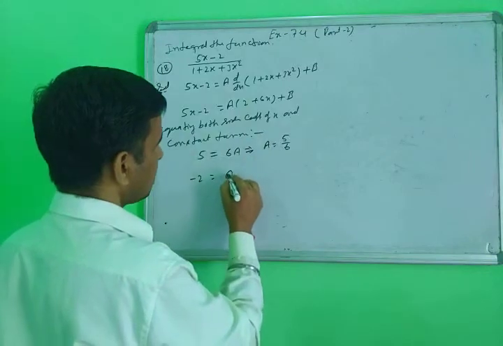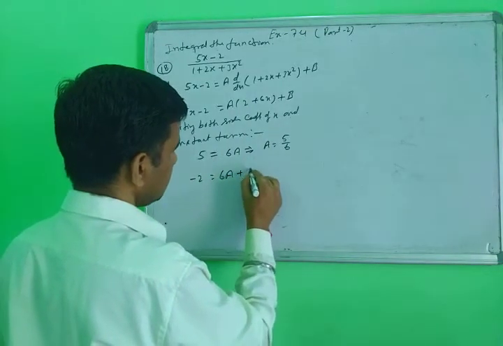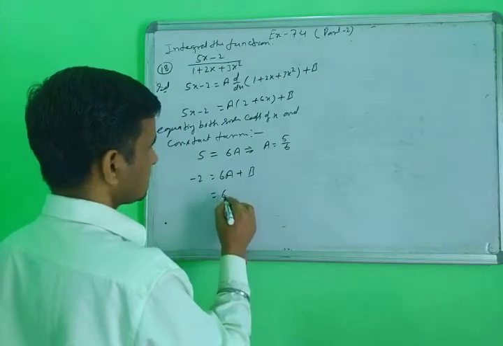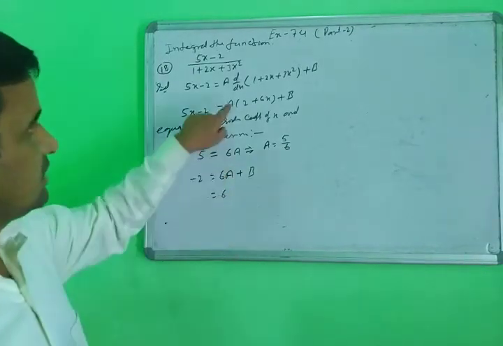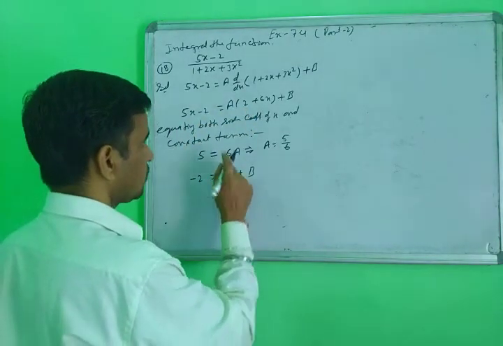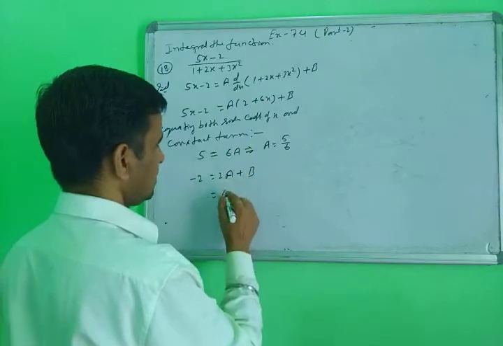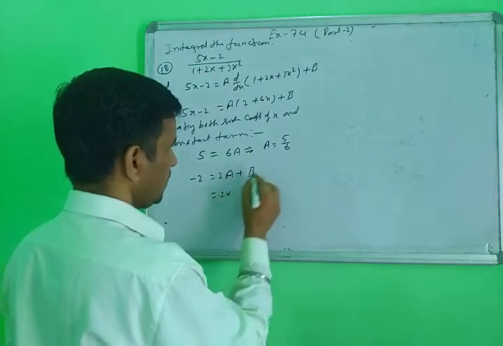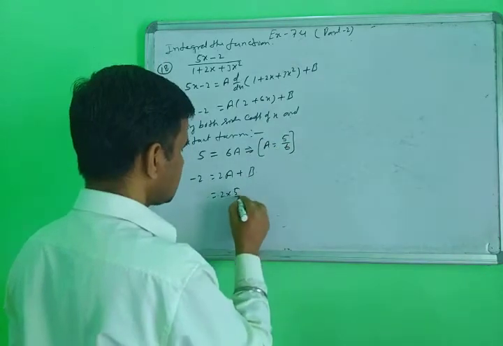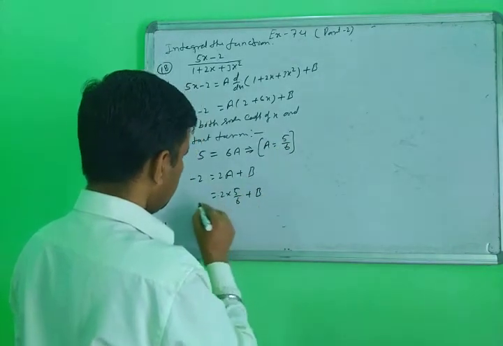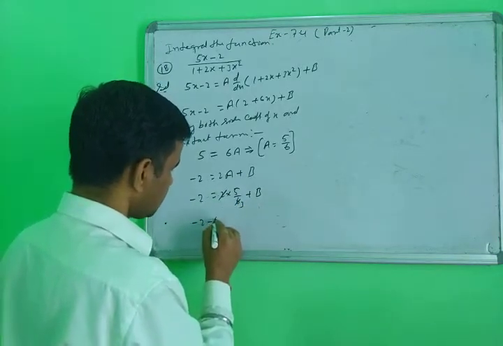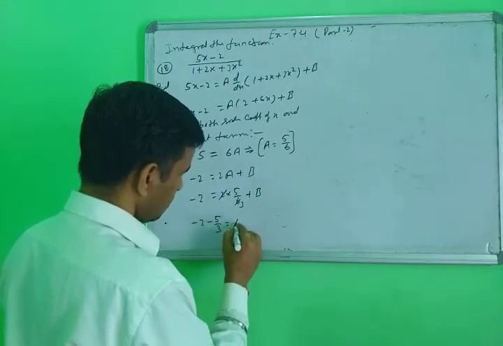And on the other side the constant term is 2a plus b, not 6a, it is 2a. So 2a plus b means 2 into a. What value of a here? a is already found as 5 by 6, so 2 times 5 by 6 plus b, and this equals minus 2. 2 times 5 by 6 is 5 by 3. So minus 2 minus 5 by 3 equals b.